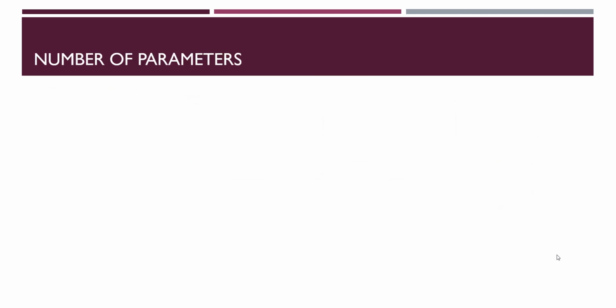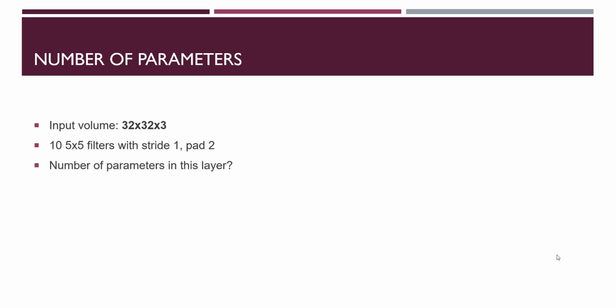The number of parameters or the weights for this particular convolutional layer can be computed easily. So if our input volume is 32 by 32 by 3 and we have the same example, that is 10 5 by 5 filters with stride 1 and pad 2, the question is, what is the number of parameters of this layer?